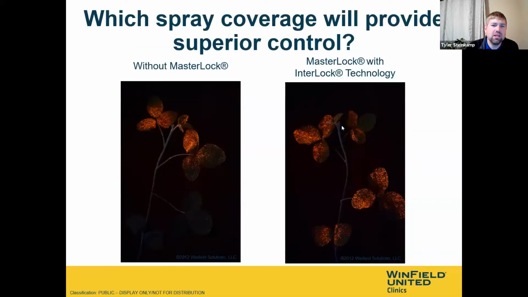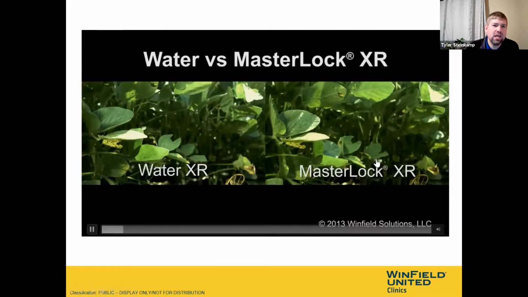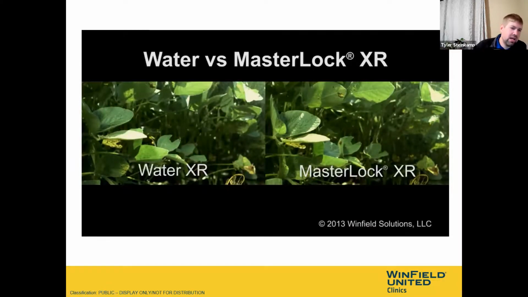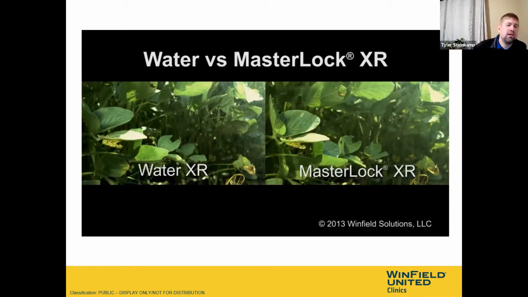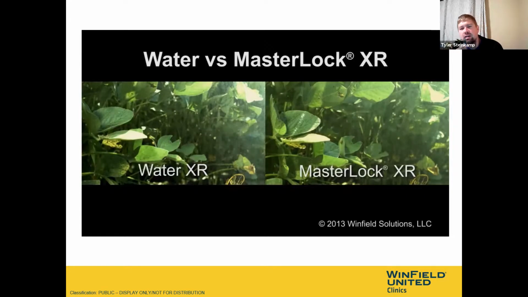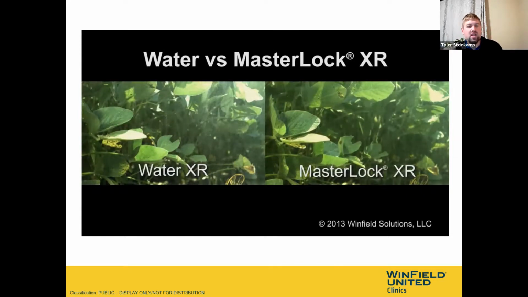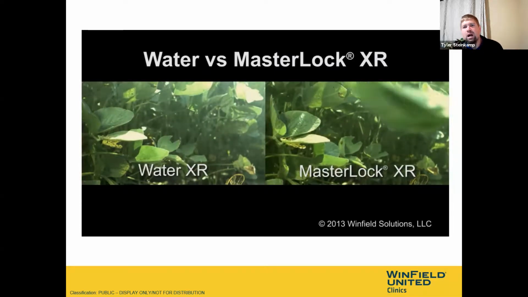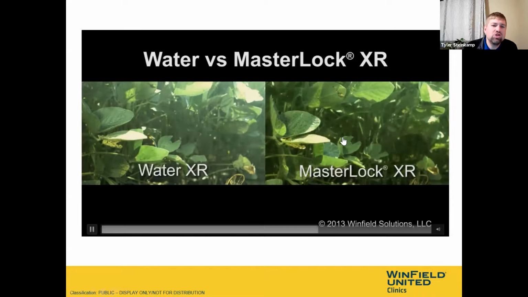But it's just about getting more down into the canopy so that we get better coverage. Now, some of you guys might be asking, well, why do I need to get it lower in the canopy if, in fact, we don't necessarily need to control the diseases in the lower part of that plant? The reason why is because we need to get it down to that ear leaf.